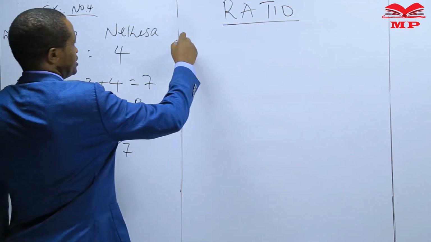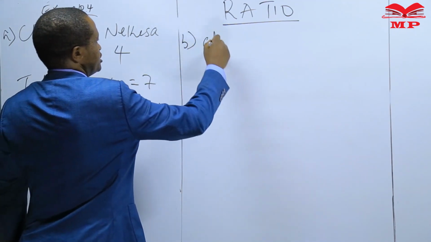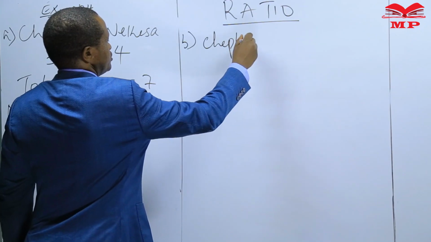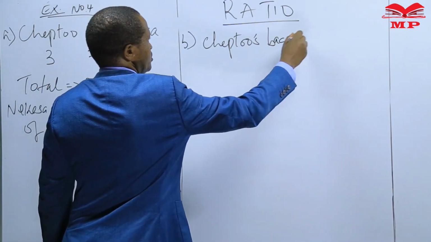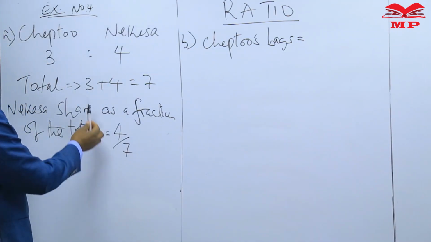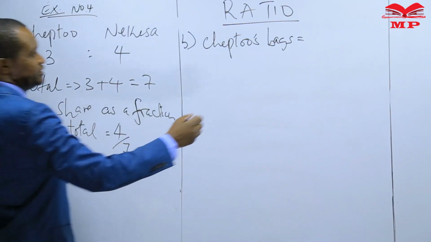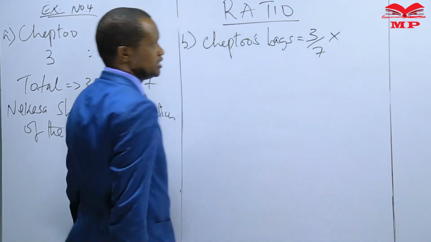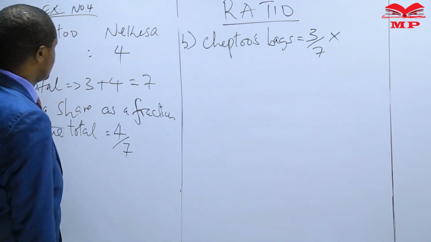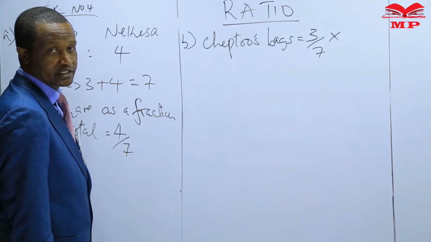And how do we do it? Cheptoo's number of bags will be equal to 3 over 7 times the total number of bags.